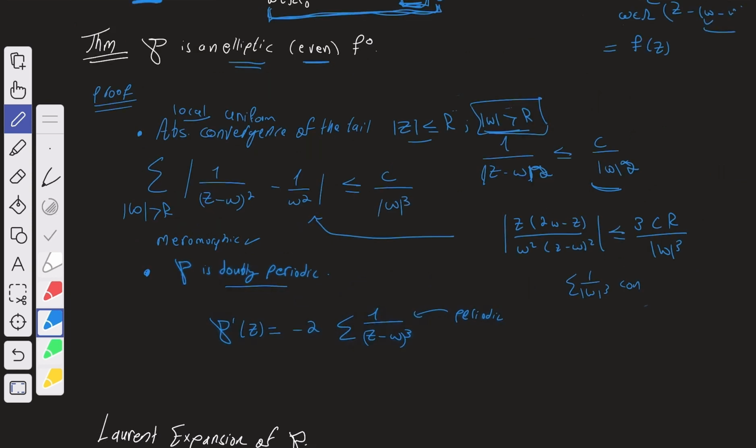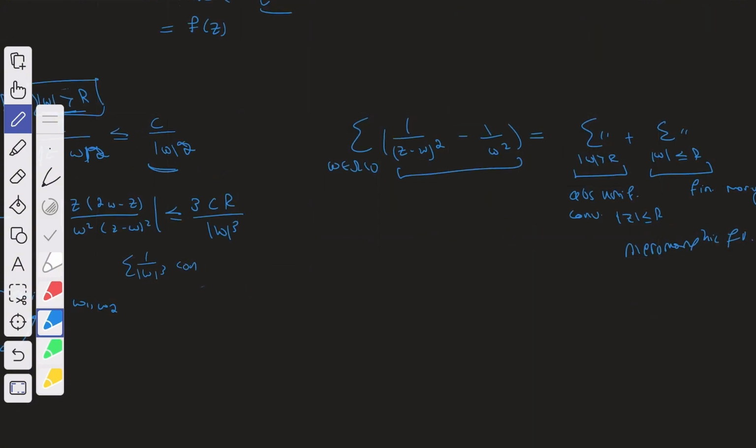I remind you that we proved that P' is the antiderivative of series of the form 1 over (z minus omega) cubed. So if we take the derivative of that function, we should get back what we started with. And we know from the previous video that this function over here is elliptic, and in particular it's periodic with periods omega 1 and omega 2.